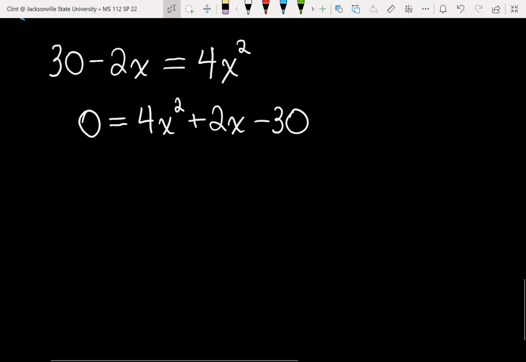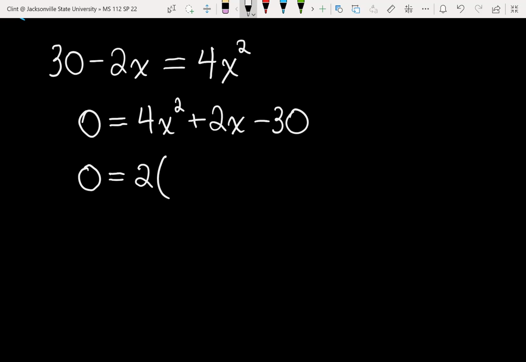I think factoring or the quadratic formula is probably our best bet here. Either way we go, does anybody notice anything that'll make this one a little easier on us? We can make our numbers a little bit smaller. Yeah, we've got a common factor of 2 in there.